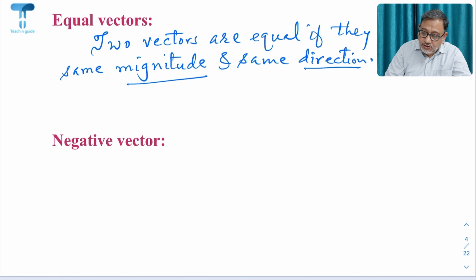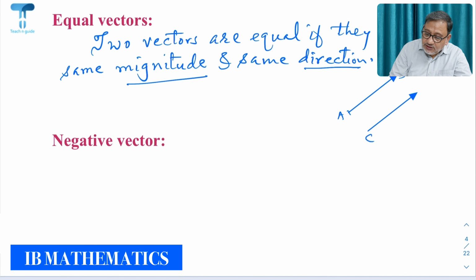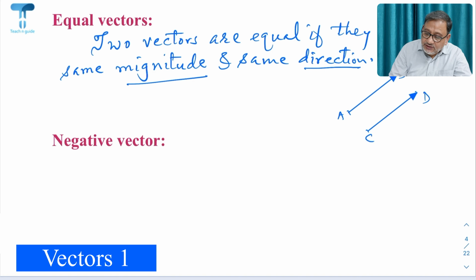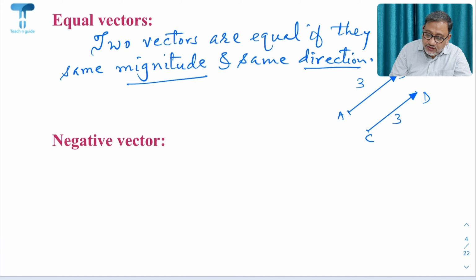So let me draw two vectors here. Suppose this is one vector, I will copy it in another place. Now they have exactly the same size and same direction. So suppose this is vector AB, and this is vector CD, starting at C, ending at D, and their size is 3 centimeter, both of them.